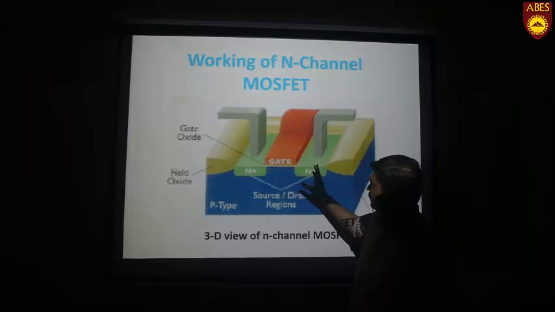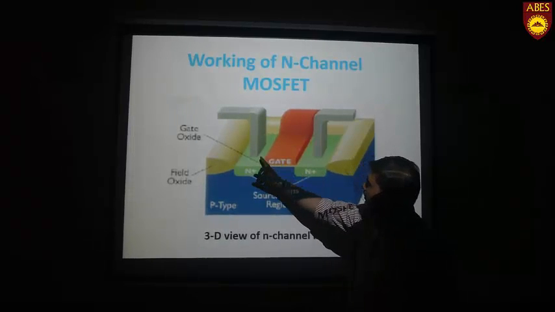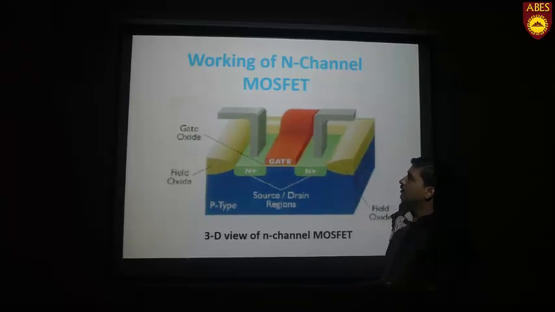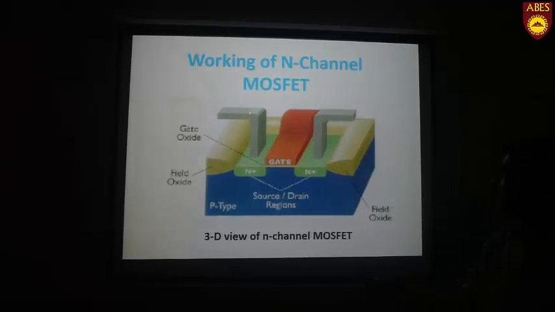Onto these two diffused regions, we connect with the help of two metal lines, and these two metal lines are called the drain and source terminals. In between these two regions there is one small thin layer called the oxide layer, and onto that is the connection for the third terminal, the gate.